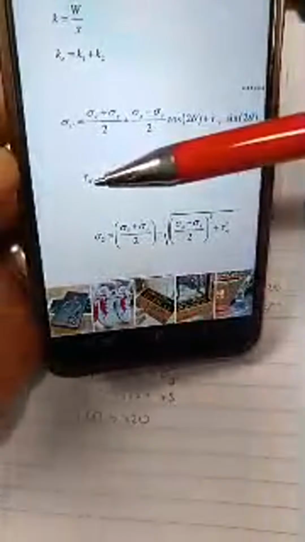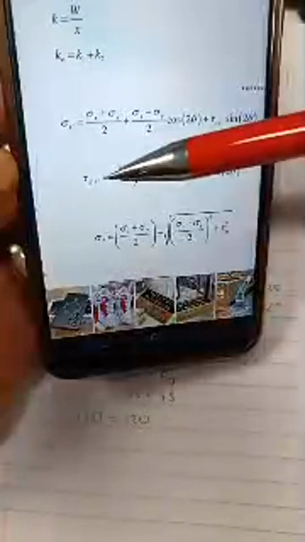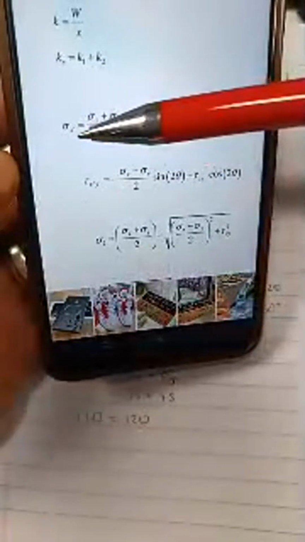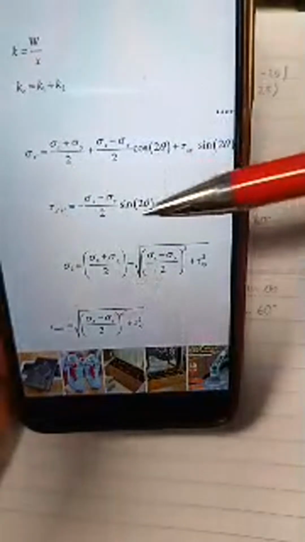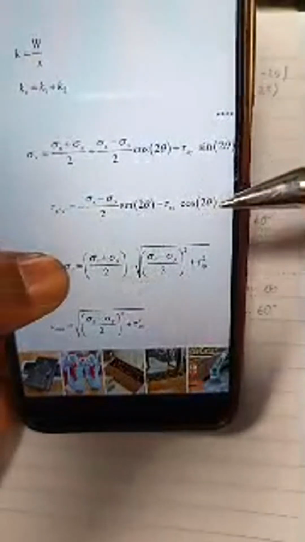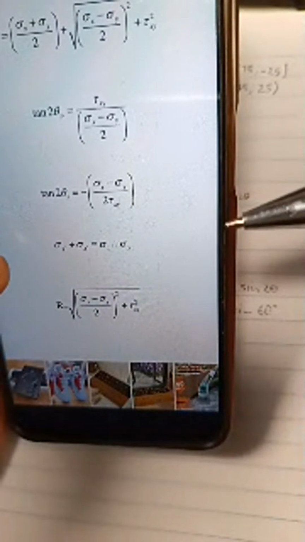The transformed formula for shear stress is this one. Can you see? Now it's shear stress x prime y prime. Since we are dealing with x prime and y prime here, even for shear stress we should use those prime values. So we're going to use this formula to find this value. Then that's the one we are going to use for the resultant.